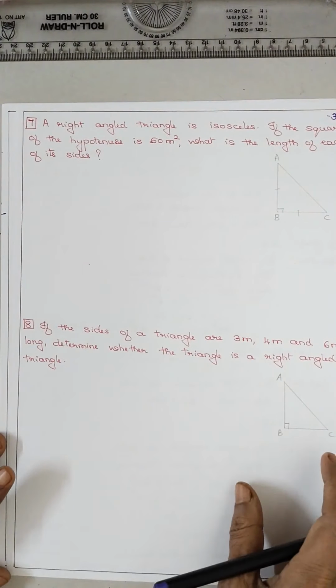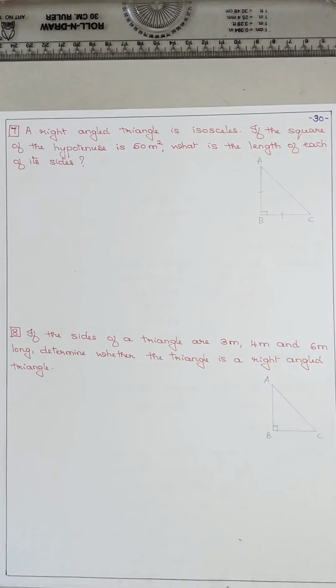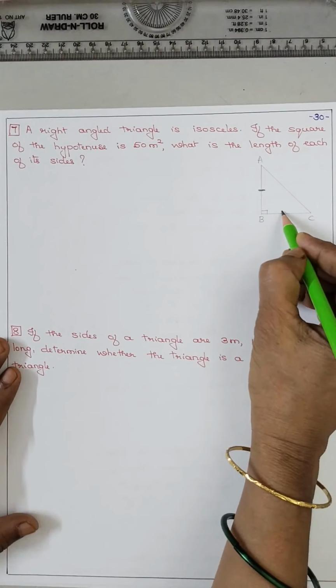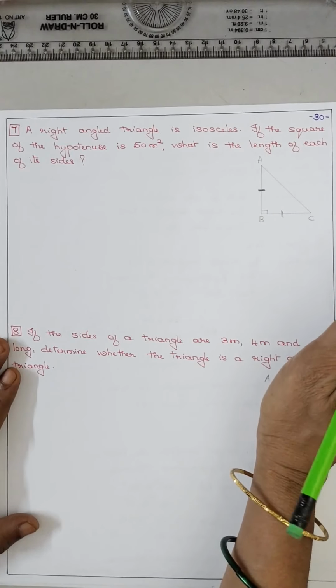Now coming to the seventh sum, a right angled triangle is isosceles. Isosceles means except the hypotenuse, the other two sides are equal. So in a right angle triangle, these two sides are equal.